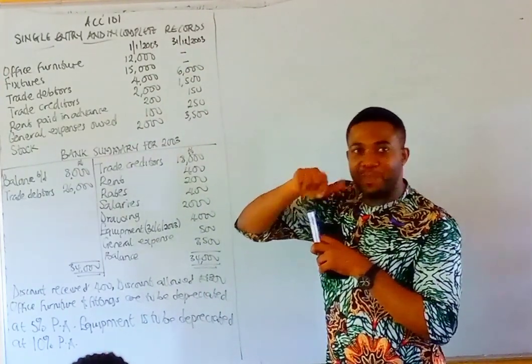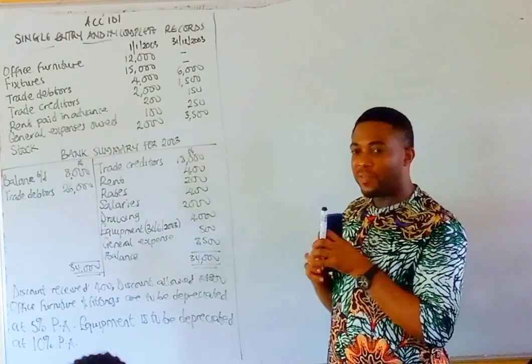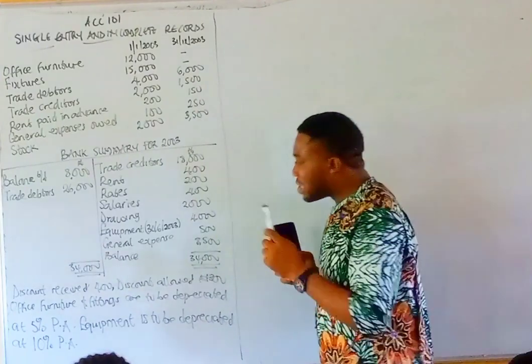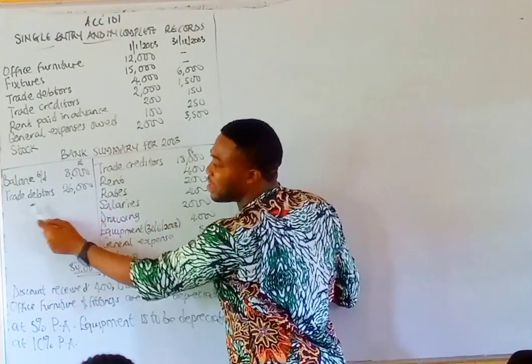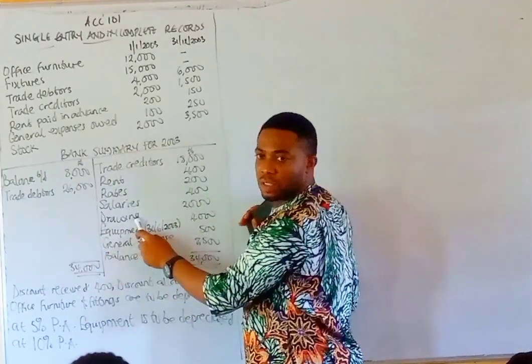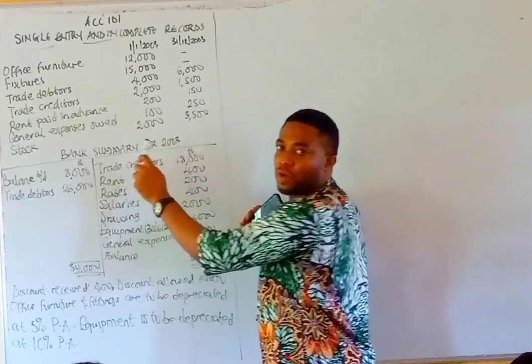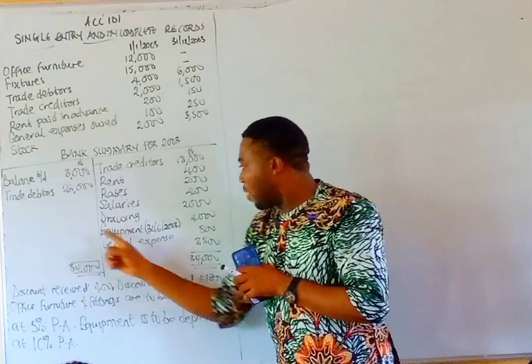Step 2, we said prepare the cash book to get what? Now look at what I was saying. I said if you have a question whereby you have receipts from debtors, payments to debtors, or drawings, the essence of that step 2 was to get the debtors' figure, the receipt from debtors, or the drawings.